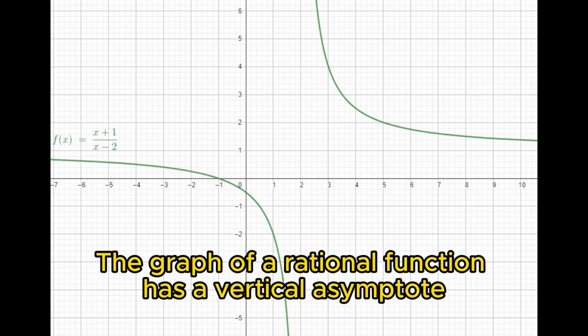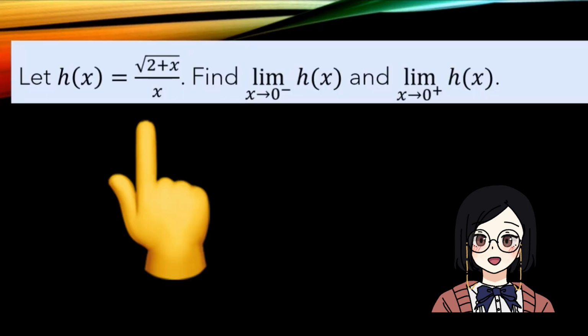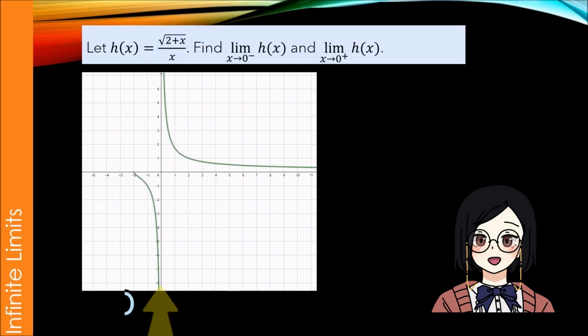It is also important to note that when the function is rational, we can also see that its graph has a vertical asymptote, just like the graph of h of x equals the square root of 2 plus x all over x. The function is asymptotic to the line x equals 0.